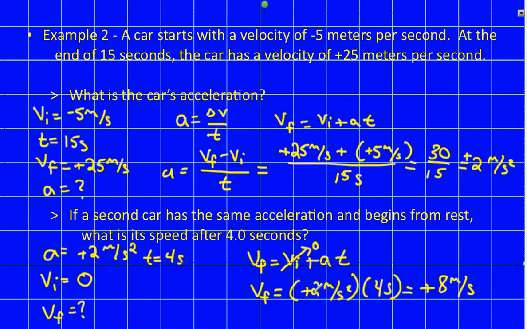Now notice we can use this as our definition from before: if I say the acceleration is 2 meters per second squared, what I mean is that it changes its speed by 2 meters per second for every 1 second of time that goes by. So after 4 seconds, starting from rest, the object's going a positive 8 meters per second. In this case, the acceleration and the velocity are in the same direction. And I'll put a box around my final answers.